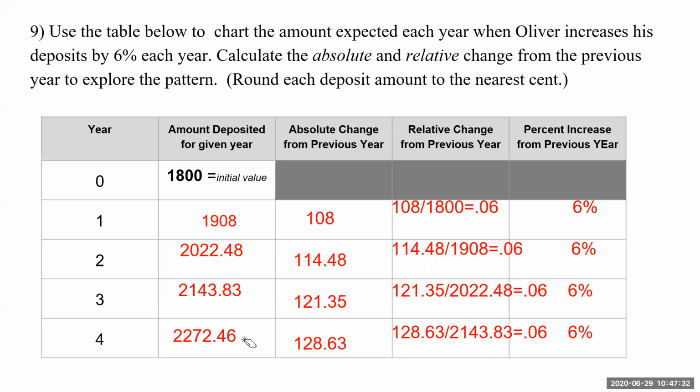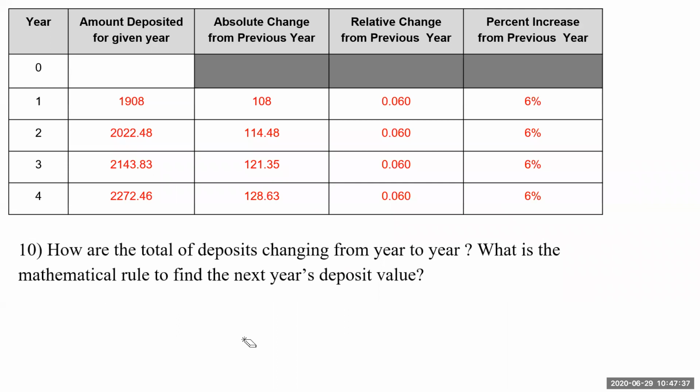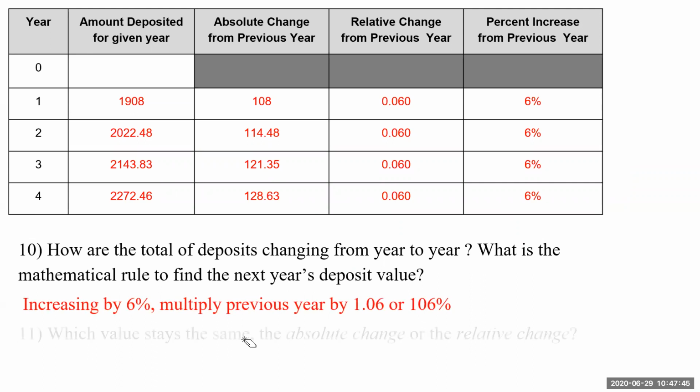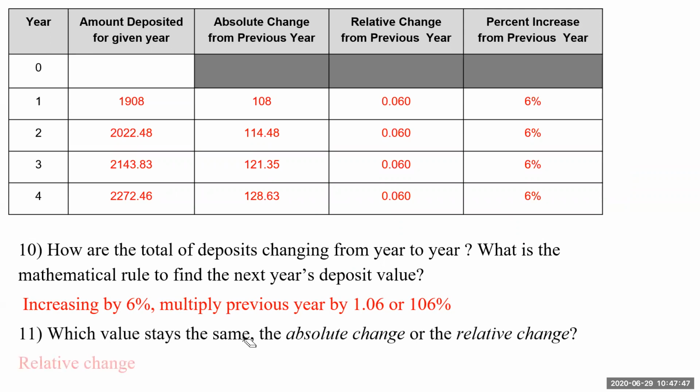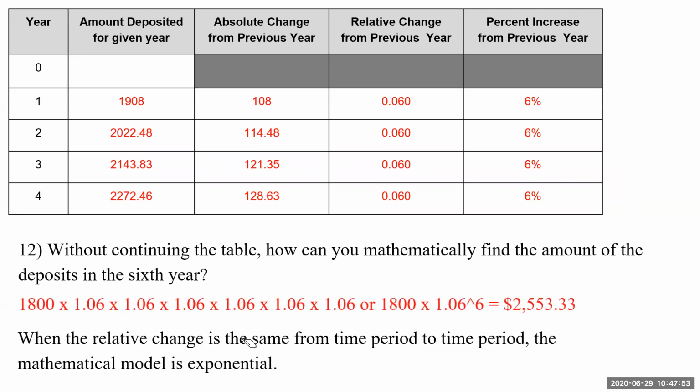Okay, so we go back to our conclusion. We draw the conclusion: how are the total of the deposits changing from year to year? You realize that it is increasing by 6%, by multiplying each year by 1.06. Now what value stays the same? The relative change stays the same, okay? And to find, without continuing the table, how can you mathematically find the amount of deposits in the sixth year?